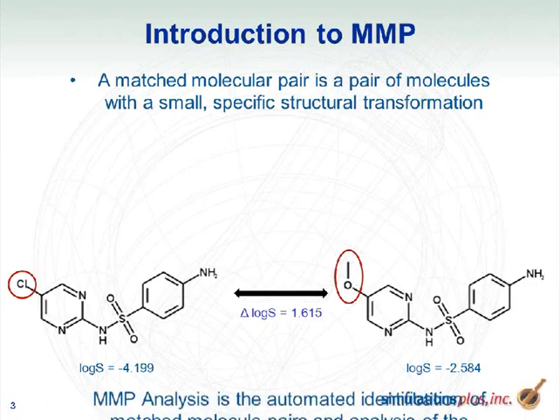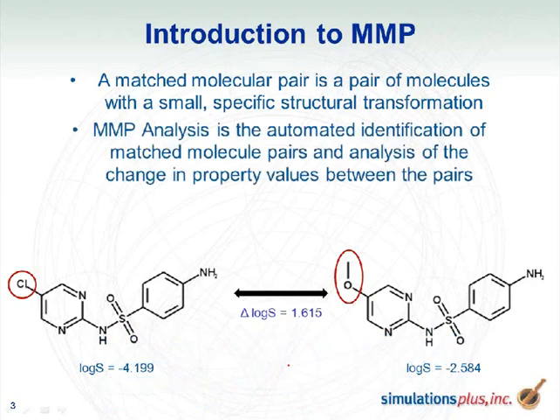Okay. So if we took a large number of these pairs using matched molecular pair analysis to automatically identify a large number of matched molecular pairs, and then analyze the change in property between the values.